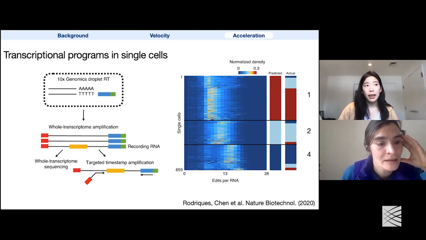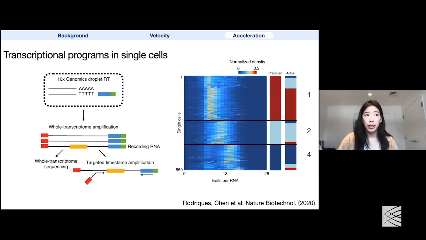I think this is a space that a lot of people are interested in, because neuronal firing happens really quickly, and maybe you want to measure how many times a neuron has fired by looking at something like c-Fos. There are definitely some challenges to looking at very brief induction time points, because you're getting many fewer RNAs.